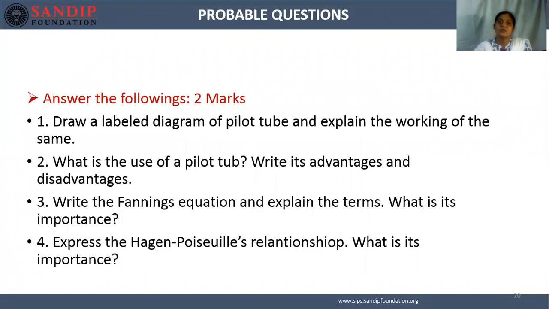Now, students, this is all about the measurement of rate of flow of fluid as well as the energy losses. So we have completed the first lecture. We already discussed the flow of fluid, fluid statics, fluid dynamics, Reynolds number, Reynolds experiment, then we have seen manometer, types of manometer, then Bernoulli's theorem.